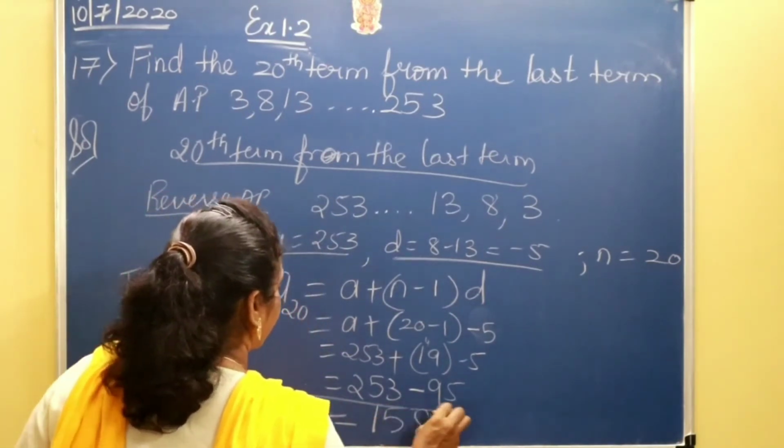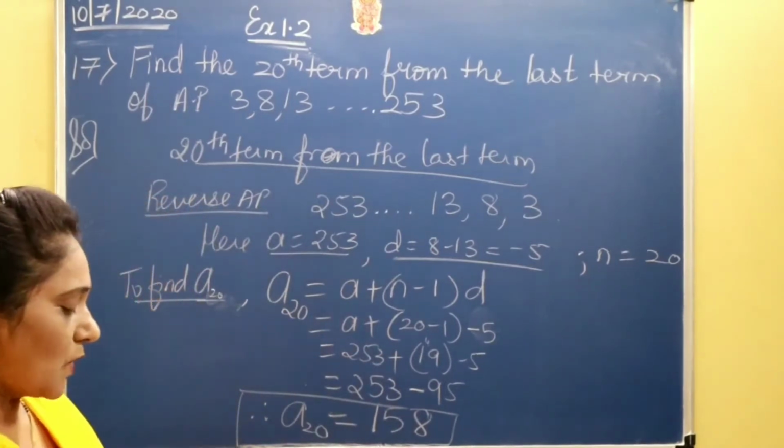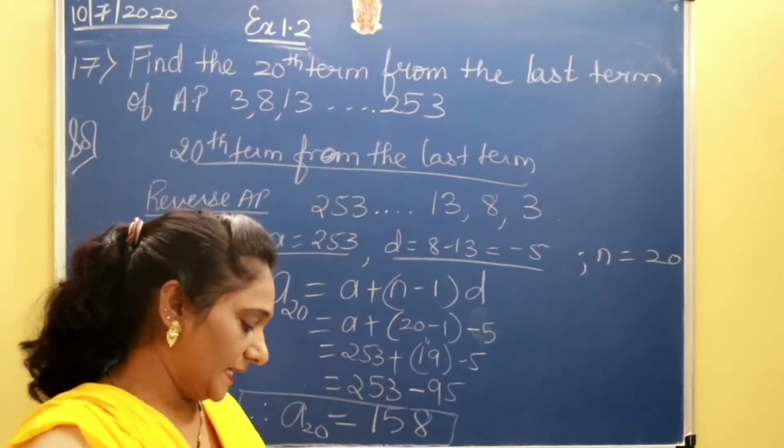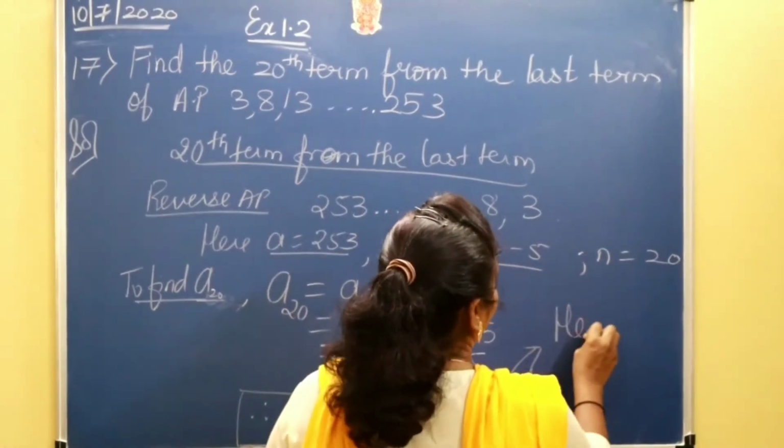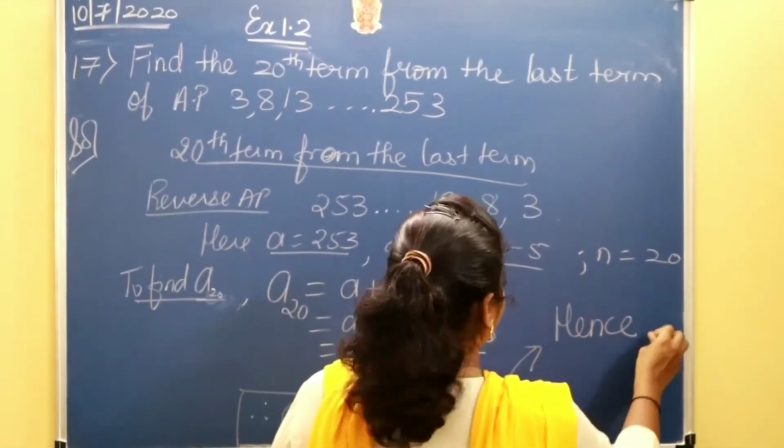Therefore, your a20 will be 158. Hence, the 20th term, don't forget to write this last line.